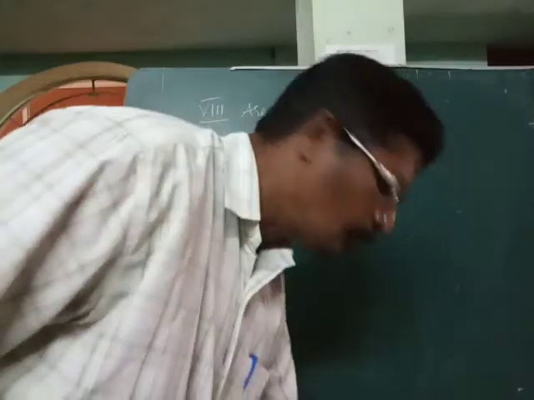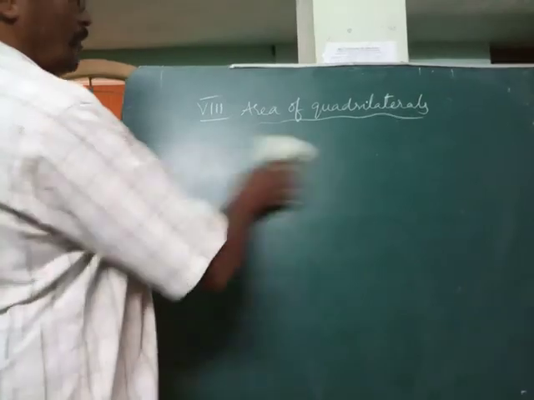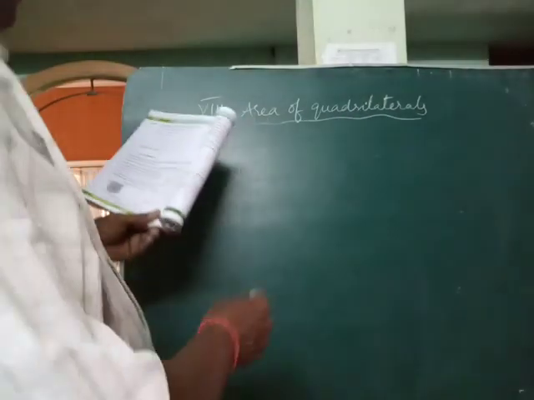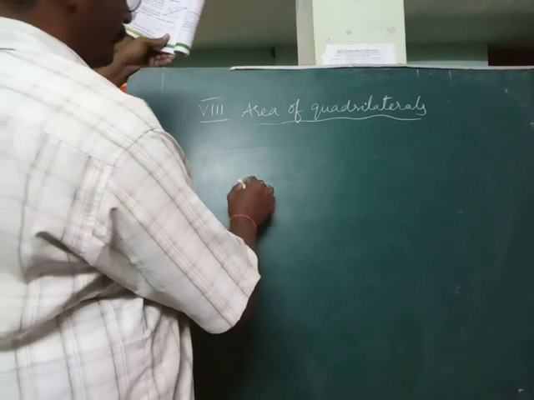But in quadrilateral, four sides are different. Any two sides are not parallel. Here is one figure.